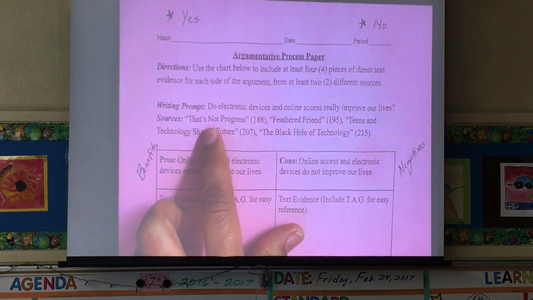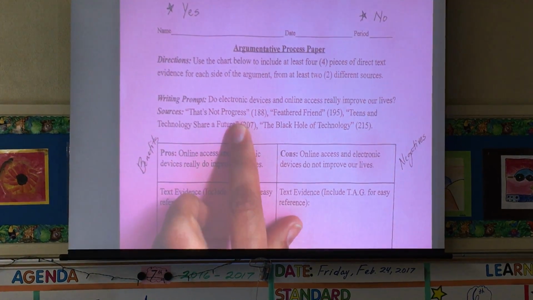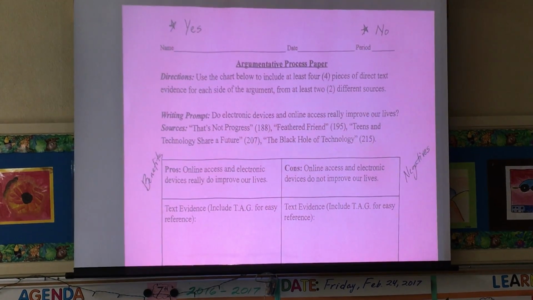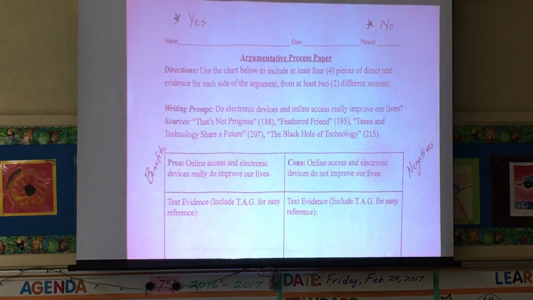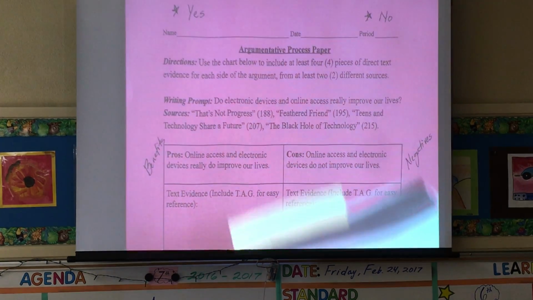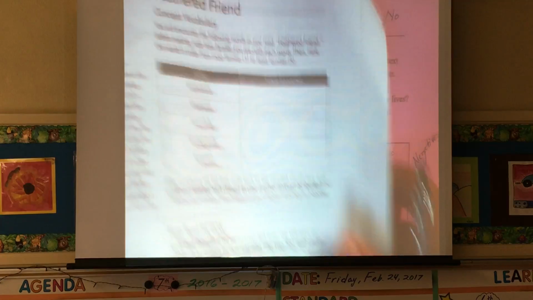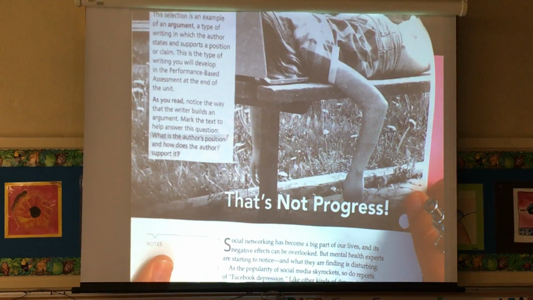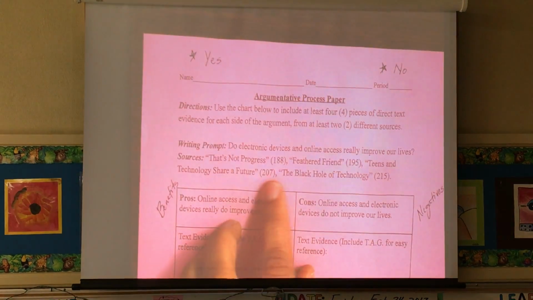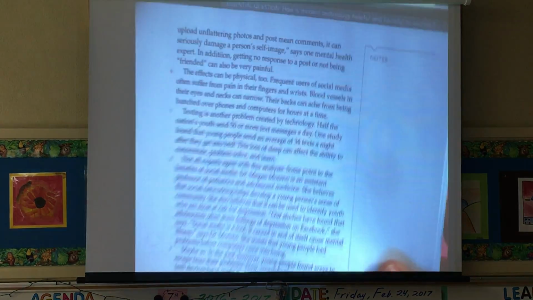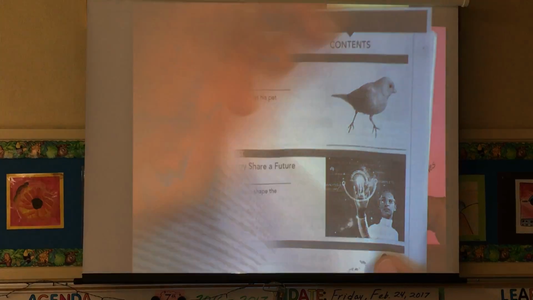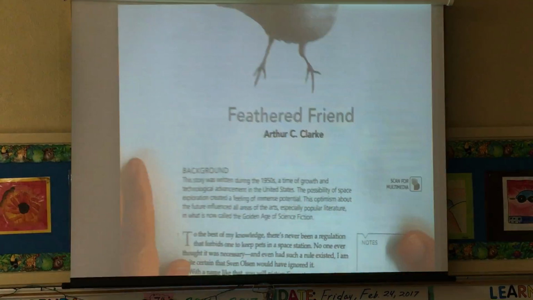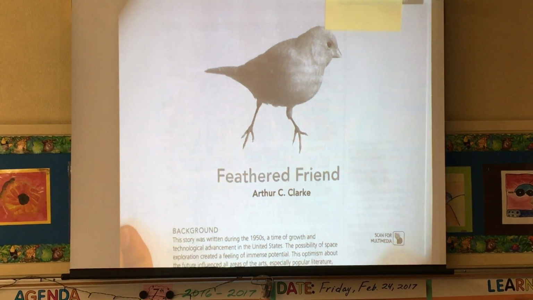These are our sources. That's not progress. Remember that text we read? And we tabbed the pages of our text so we could find it easily. Here it is. We also have as a source the feathered friend. So I'm going to find my tab on the feathered friend in my packet of materials. And here is feathered friend.